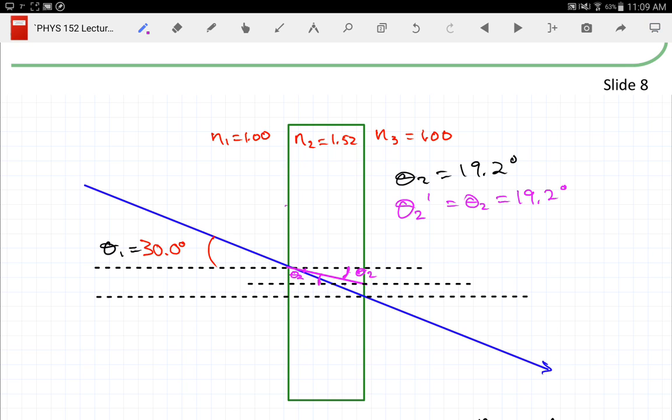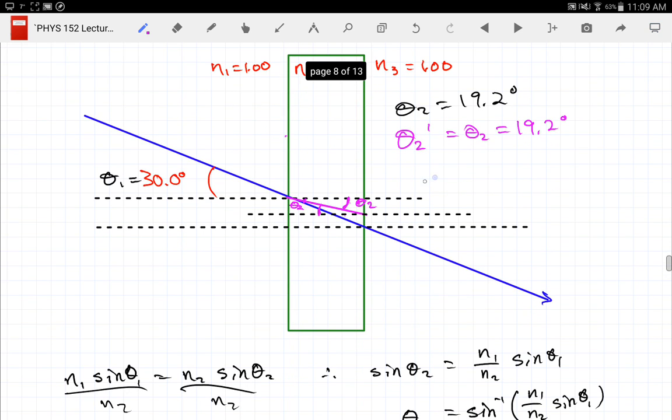And then finally, my refraction angle. How do I find angle 3? Snell's law again. So I now put N2 sine theta 2 prime is equal to N3 sine theta 3. But notice N3 is the same as N1. And sine theta 2 prime is the same as sine theta 2. So this is the same as N2 sine theta 2 and N1 sine theta 3.